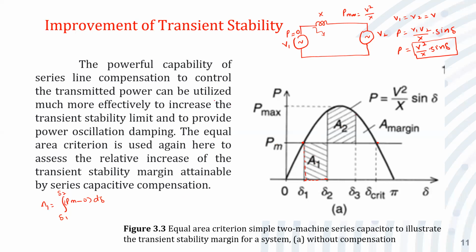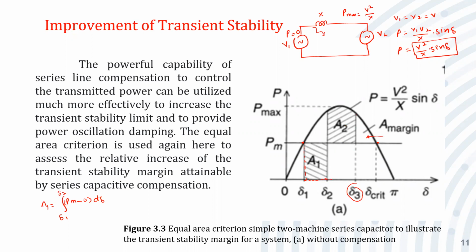Now under such condition, if the area A2 becomes equal at delta 3, this is the margin, which says that this much transient stability margin is there.